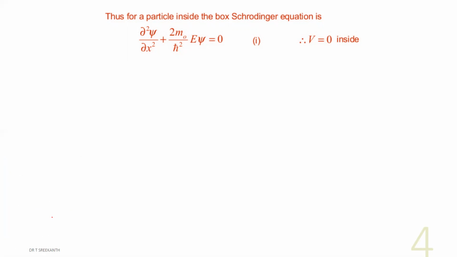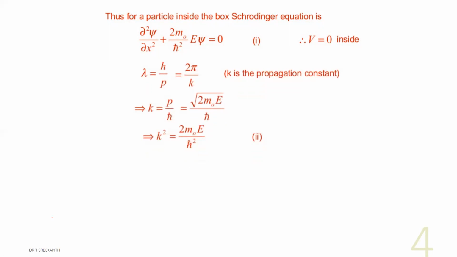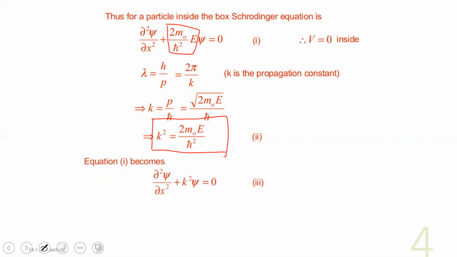Here we are assuming that 2mE by h cross square is equal to k square. Then the equation can be written as del square psi by del x square plus k square psi is equal to 0.